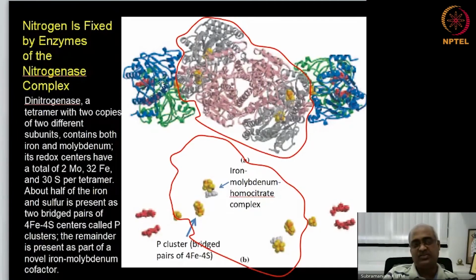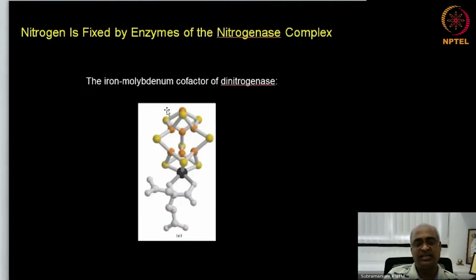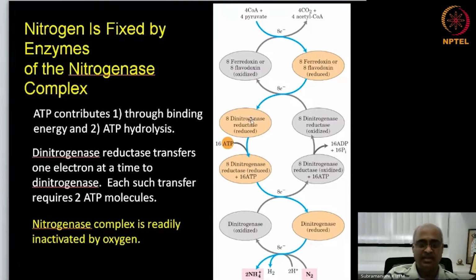And once it transfers, this dissociates from the complex and goes away, the oxidized version. Then it again goes through the cycle and takes up electrons.